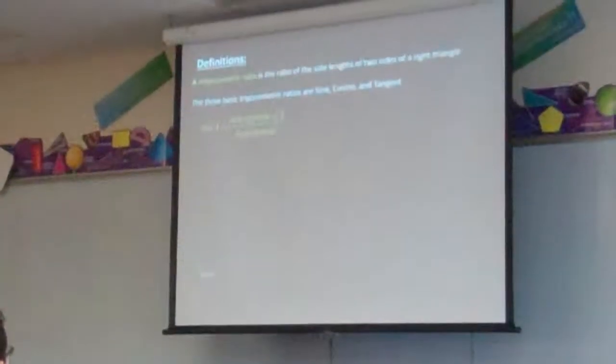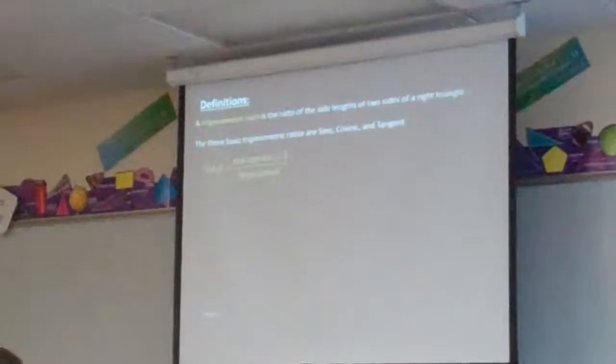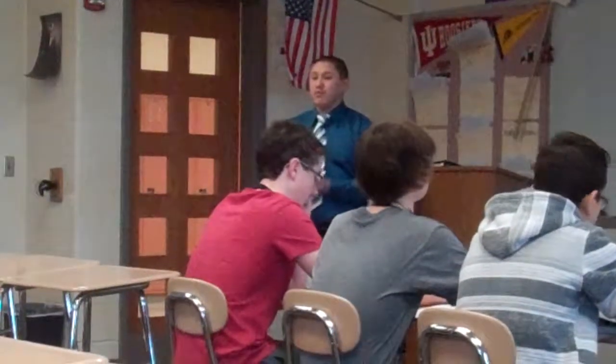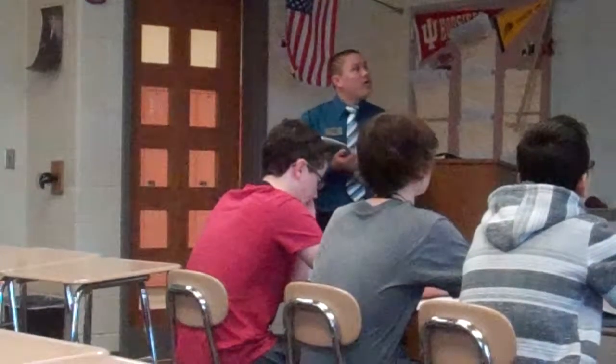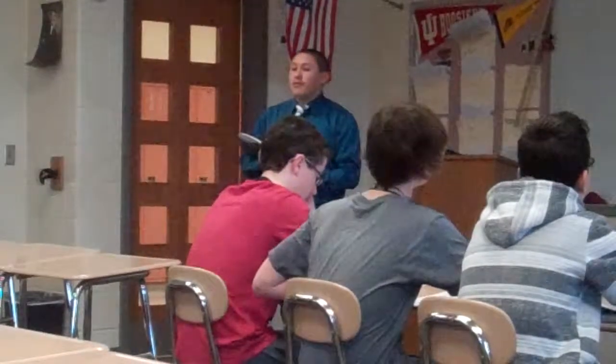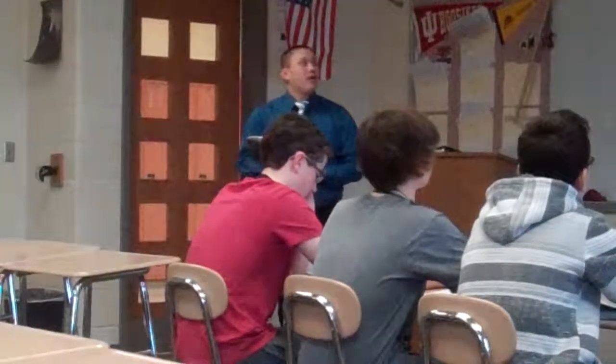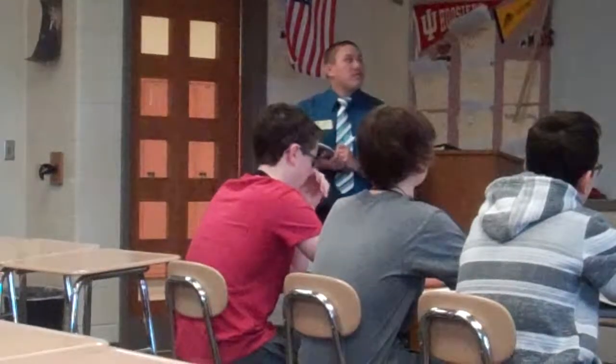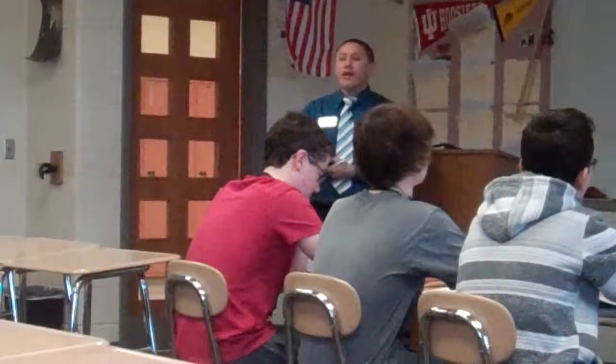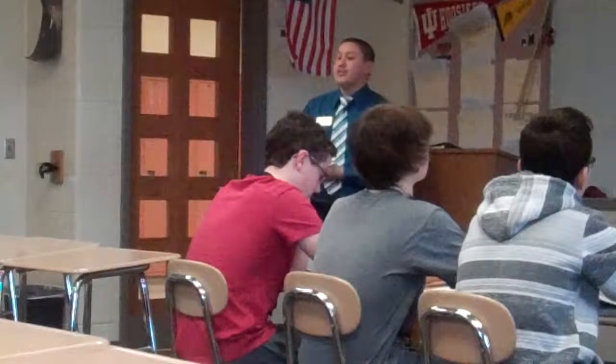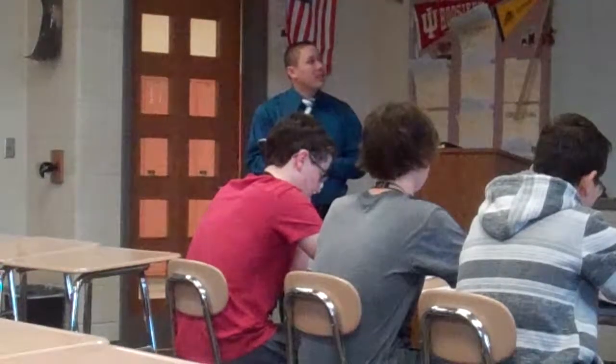So sine of one angle is the side opposite that angle over the hypotenuse. Cosine is the side adjacent to that angle over the hypotenuse. And then tangent is the side opposite that angle over the side adjacent to that angle.